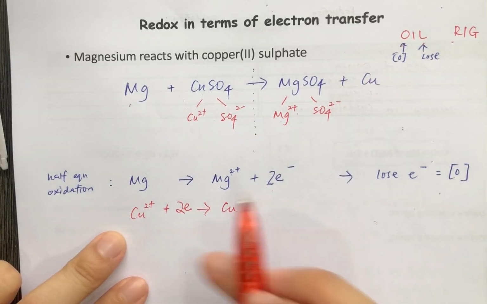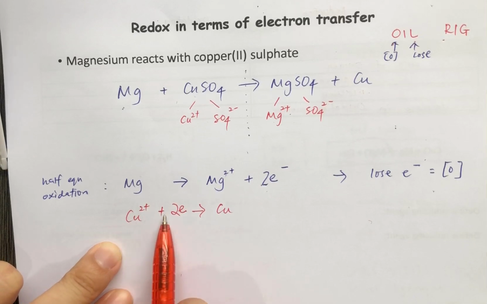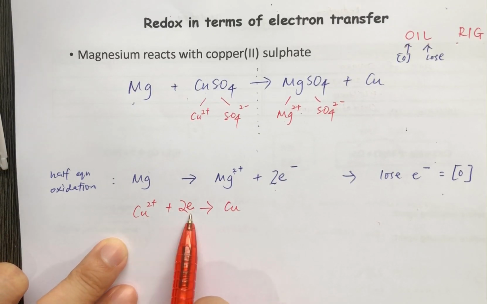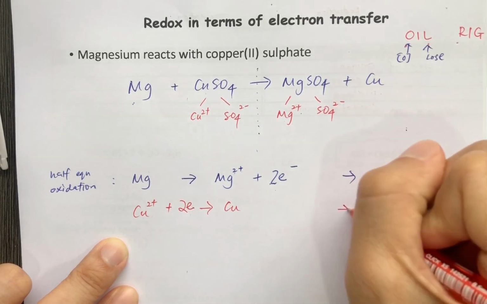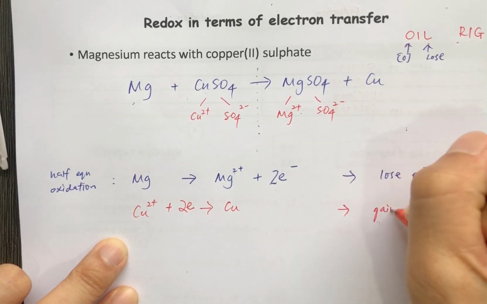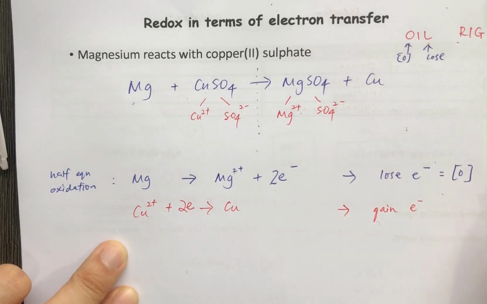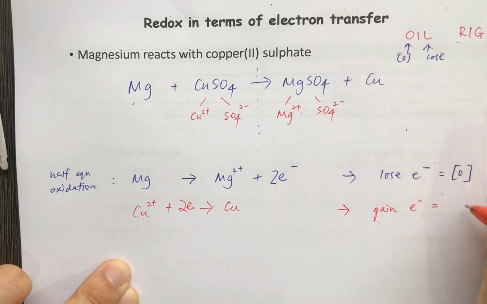So you see, Cu2+ plus 2e- means Cu2+ gains electrons. Since Cu2+ gains electrons, it undergoes reduction.